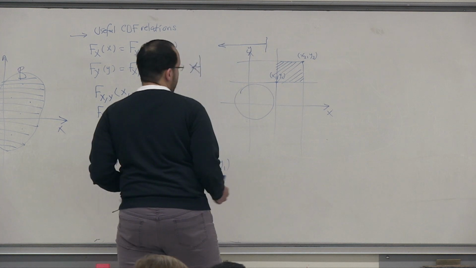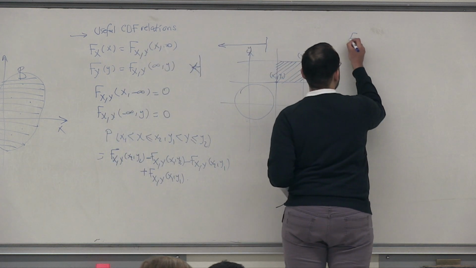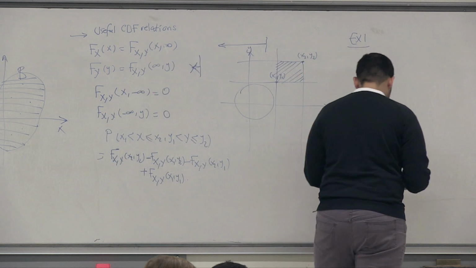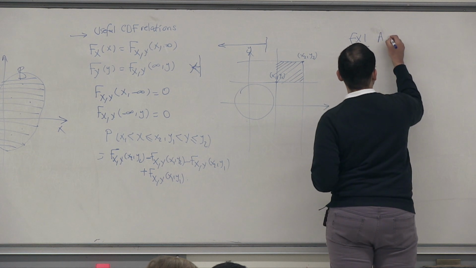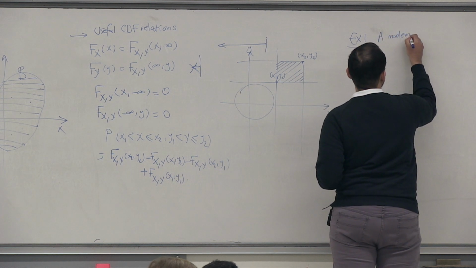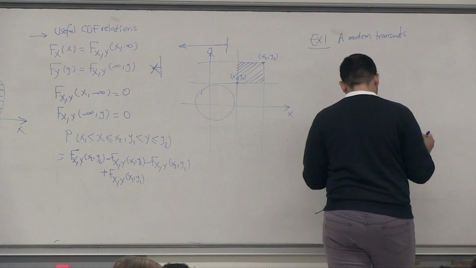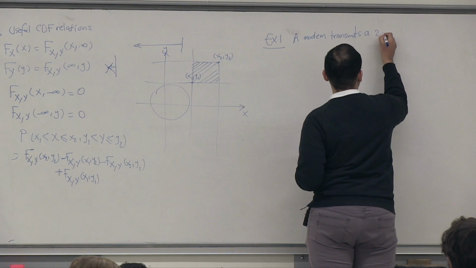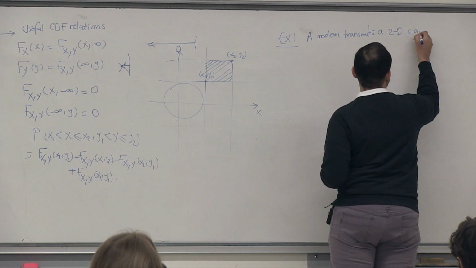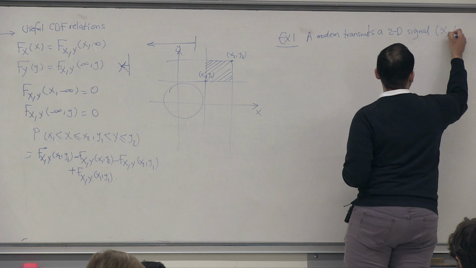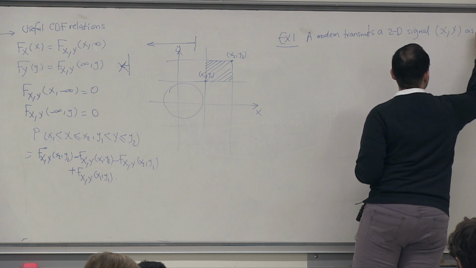All right, good. Let's do an example. A modem transmits a two-dimensional random signal (X, Y) as follows.